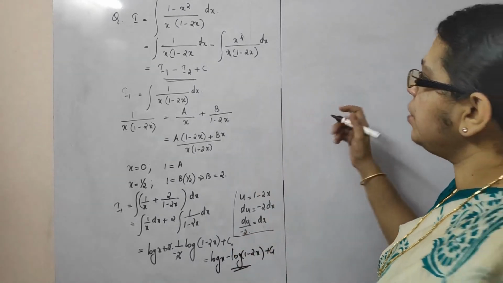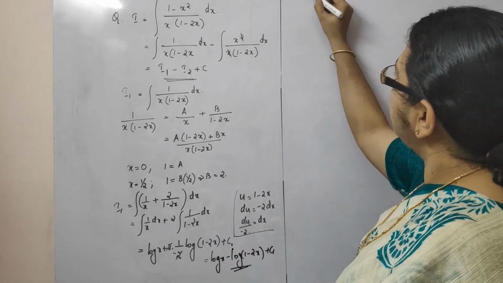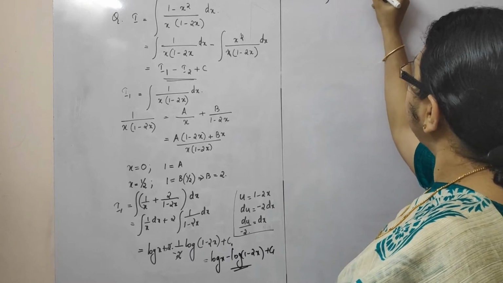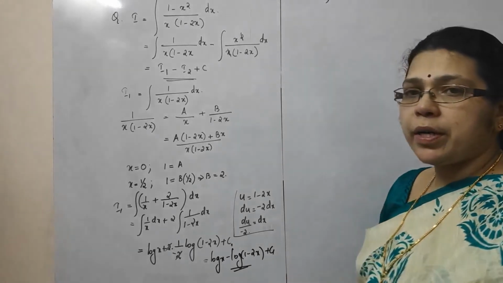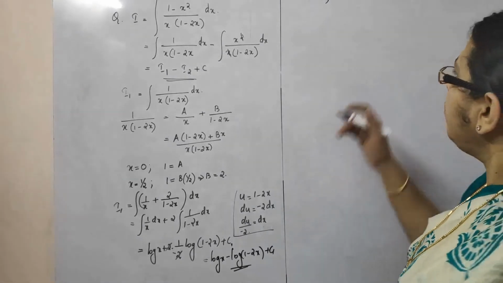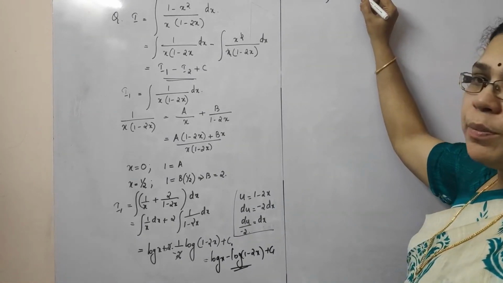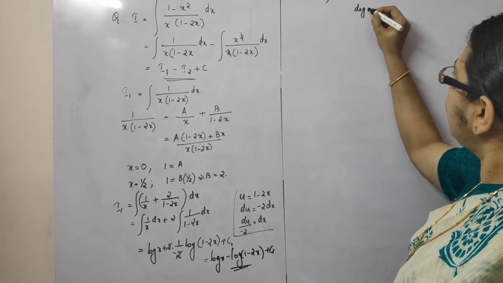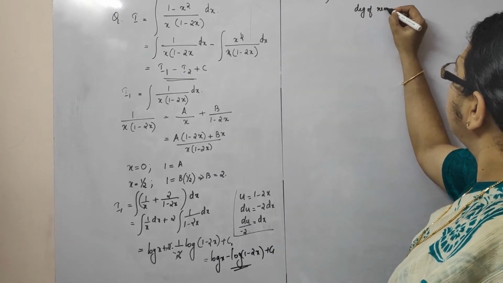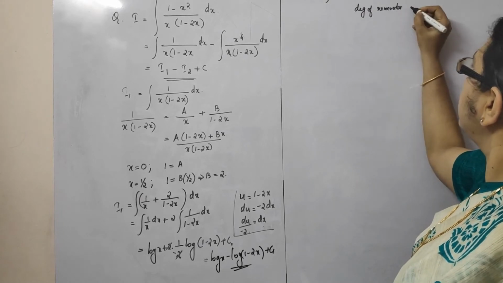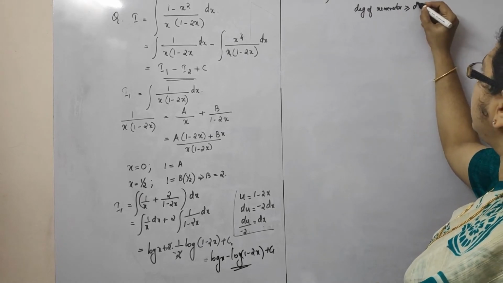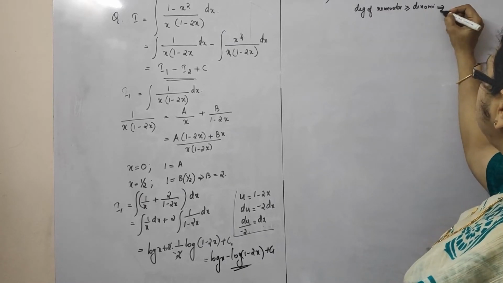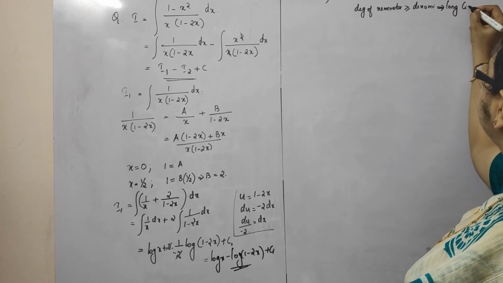Okay. Now coming to I2. What is I2? I2 is equal to integral x by 1 minus 2x into dx. Now here comes a very important note for you. When the numerator and the denominator have the same degree, that is, if the degree of numerator is greater than or equal to the denominator, then we have to perform long division.